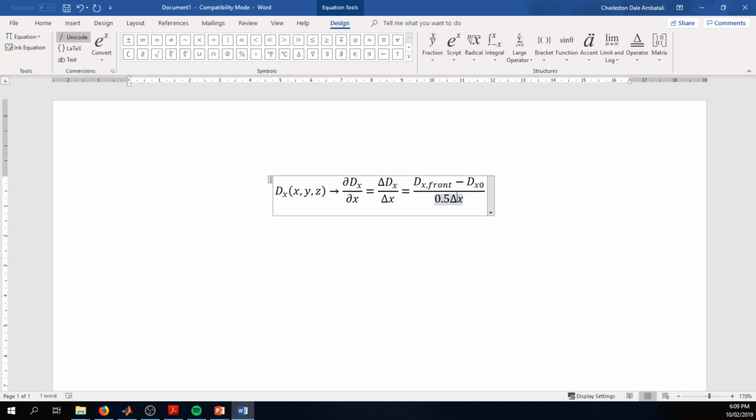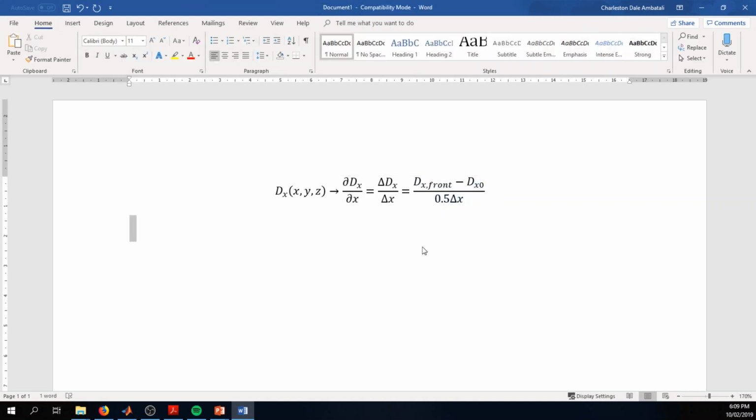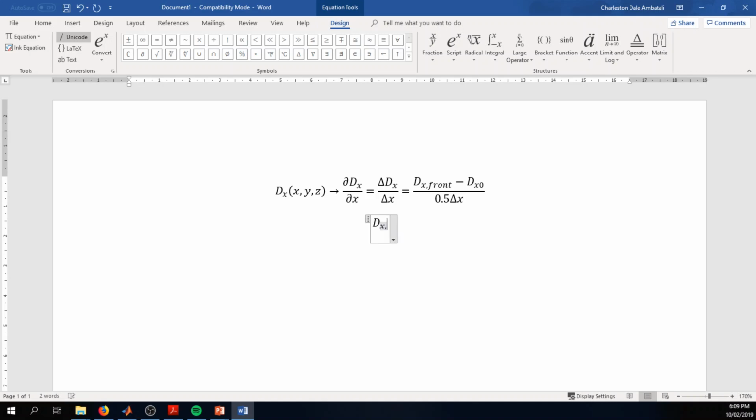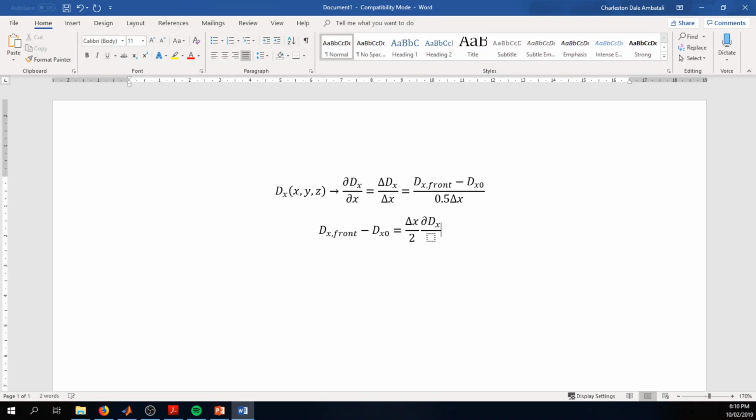All right. So we can now solve for Dx front. We just cross multiply the term 0.5 delta x, and you just transpose this term to the other side right here.